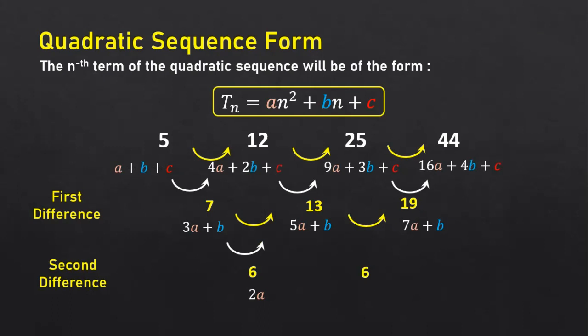The equation is 7a plus b minus 5a plus b. We got 2a. Right? Wow. What is the characteristic of the quadratic sequence form we already found?